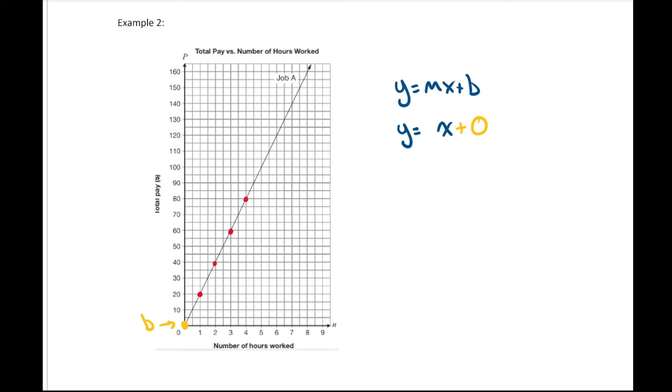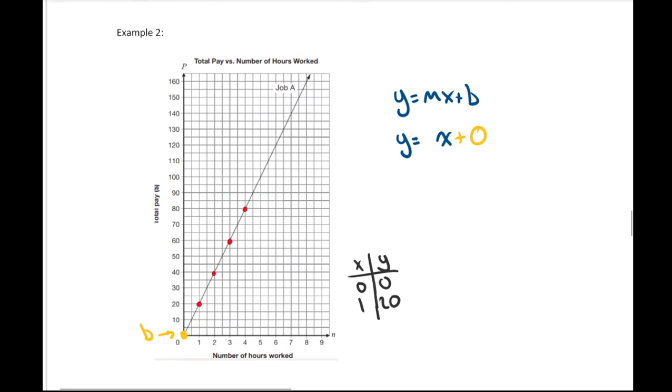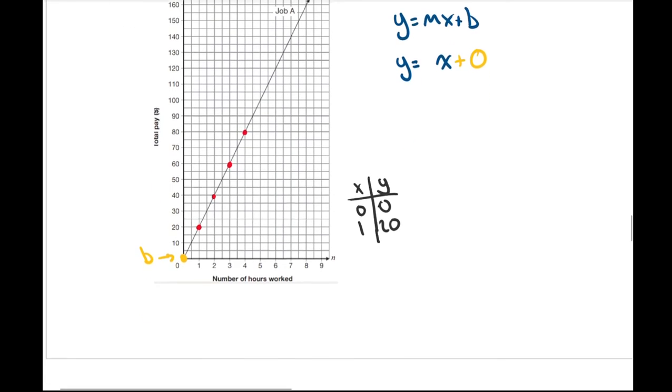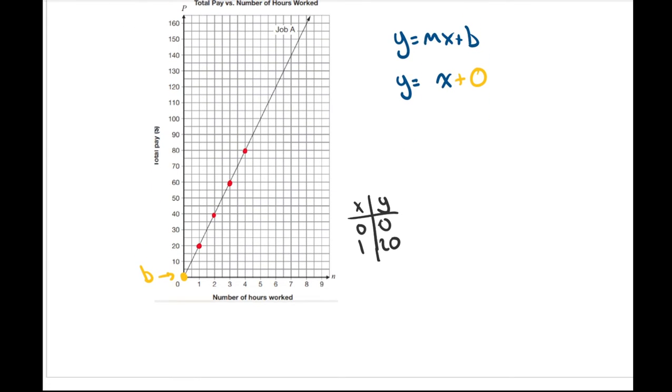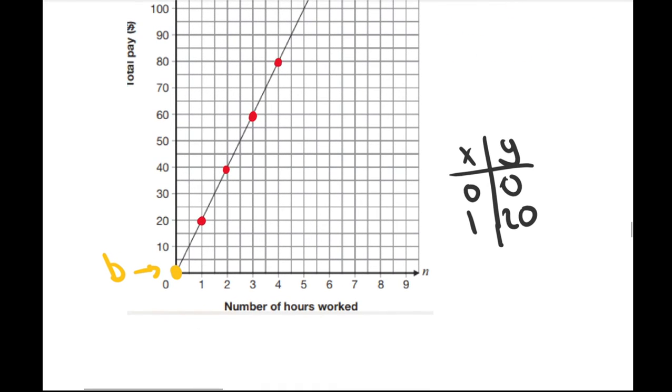So in this case, again, if we really wanted to, we could create a table, plug in our points 0, 0, 1, and 20, and figure out what our slope is by doing change in y over change in x. But again, use that as a backup when you have a graph, because it's easier possibly just to look at it and find the rise and run.